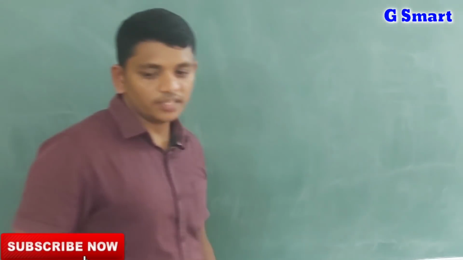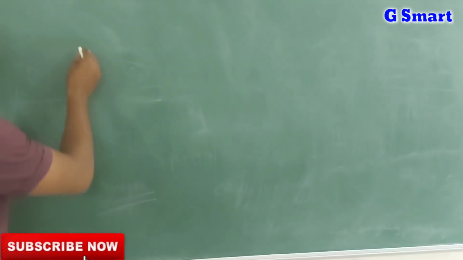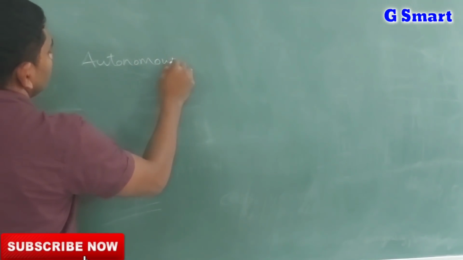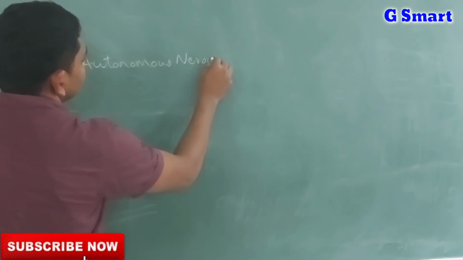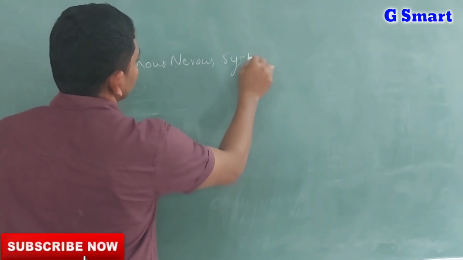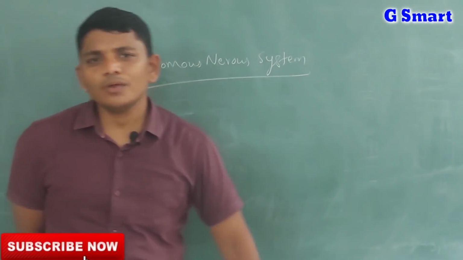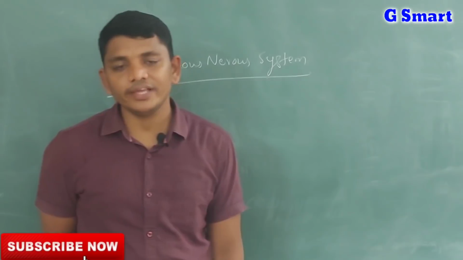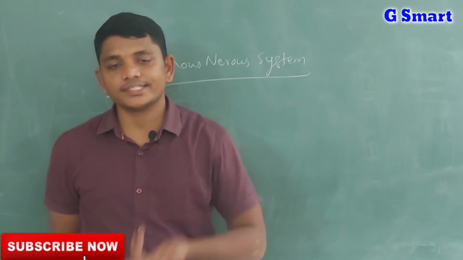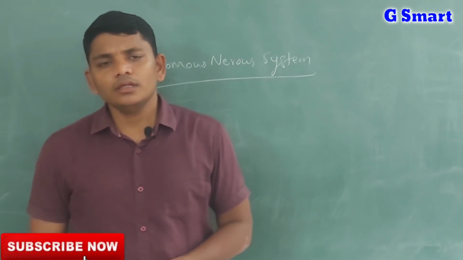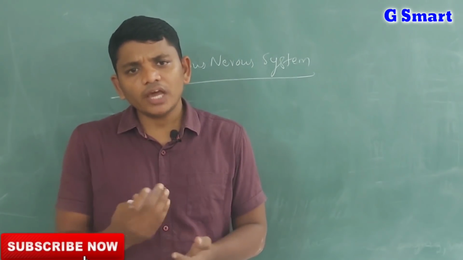The autonomous nervous system is involved in involuntary actions. Involuntary actions means they are happening without our involvement.